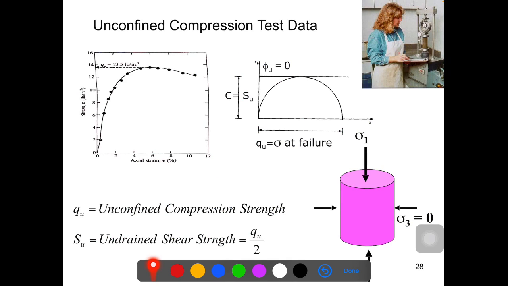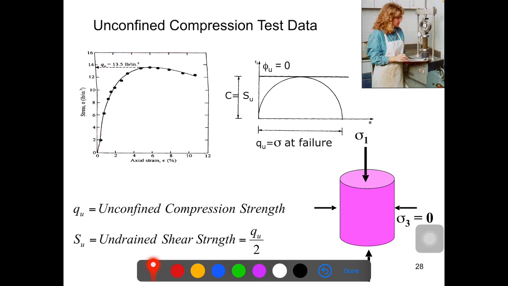Unconfined, why unconfined? If you can see here, there is no water confining the sample, the specimen. Not like triaxial, where we have water confining all around the specimen. But for the unconfined compression test, there is no water confining all around this sample.